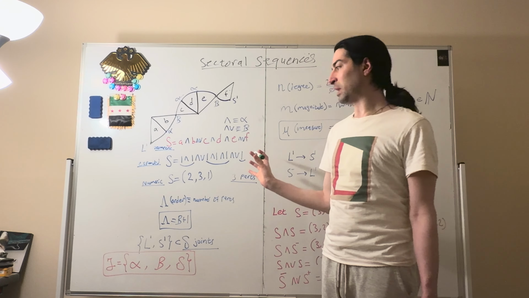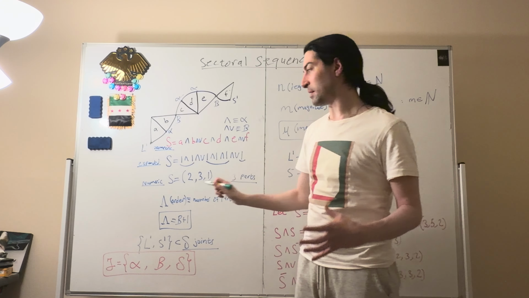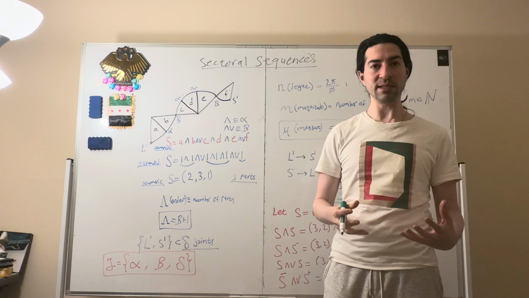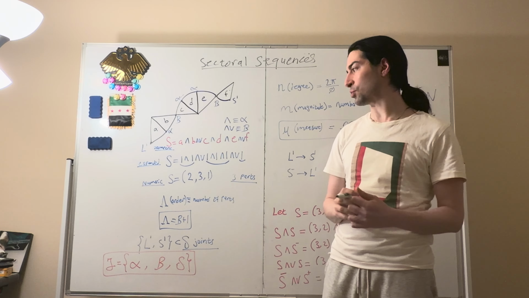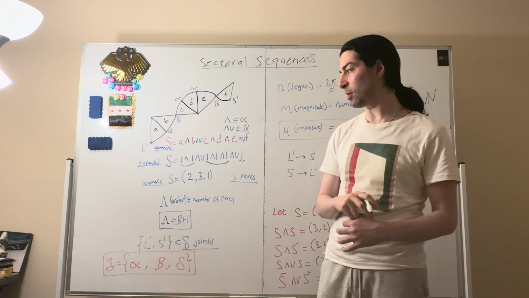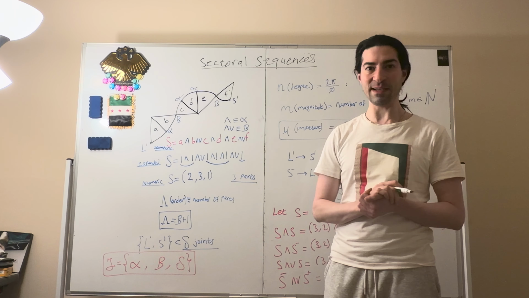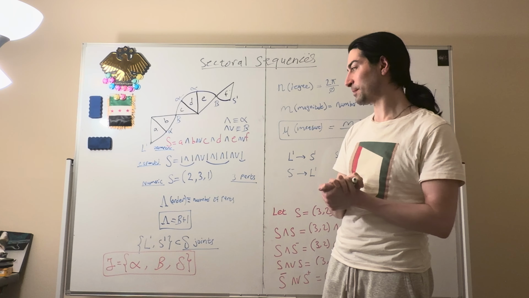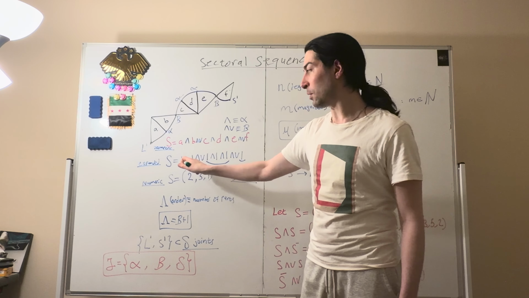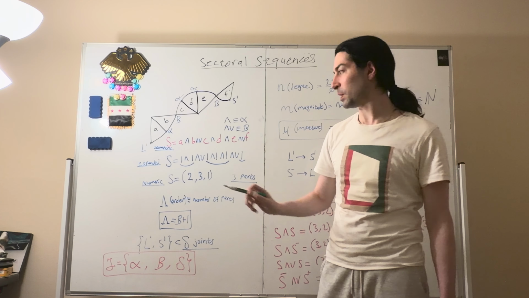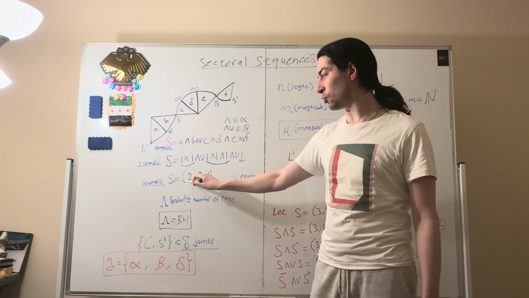Now if we want to abbreviate this into the numeric form, which is what we will use to study sectoral sequences throughout this book, here we can see why number theory will creep into this book. When we say 1 is continuous with 1, we're going to add them. So we say 1 plus 1 is 2.